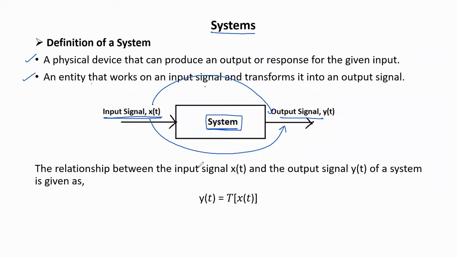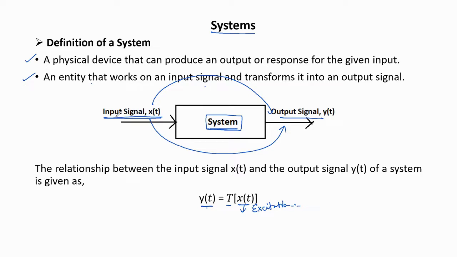Based on this second definition, we relate input and output as follows. y of t is the output of the system or response of the system, where T is the transformation. x of t is an input signal, also called the excitation. Now, the relation is y of t equals T of x of t. That means the transformation of x of t is nothing but the output signal.